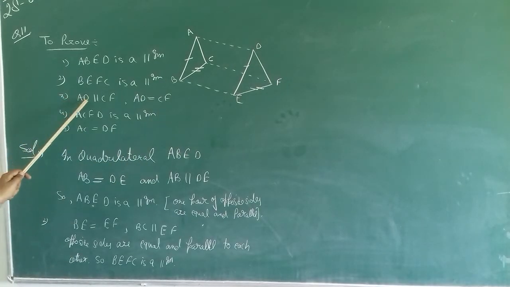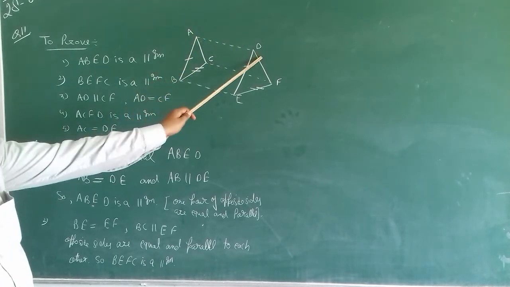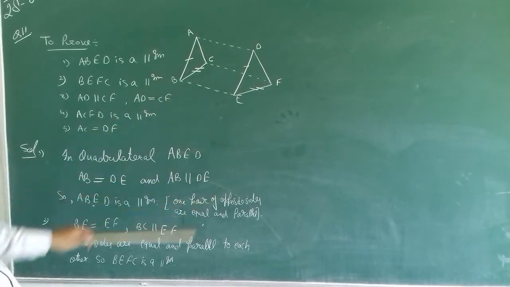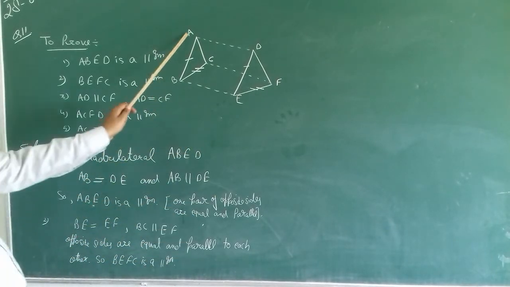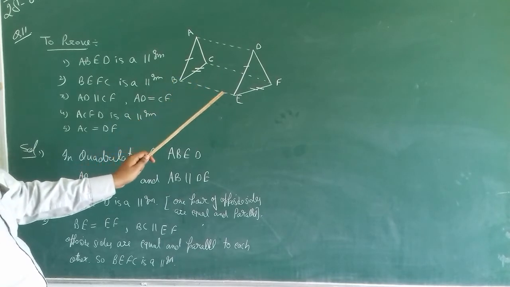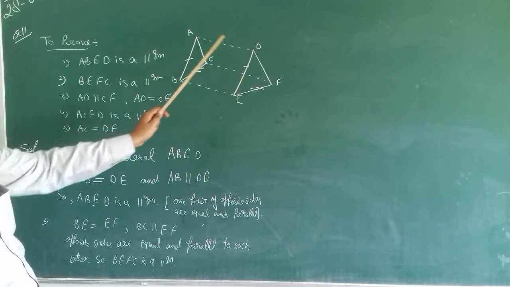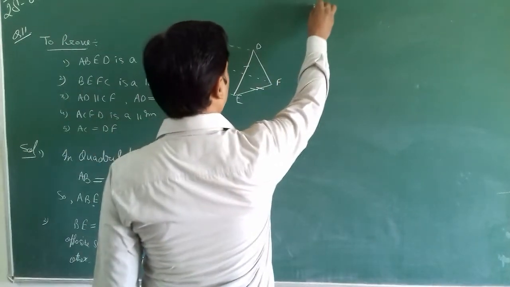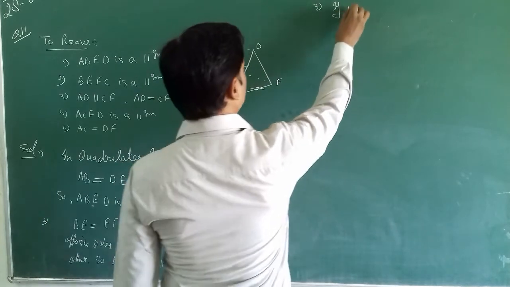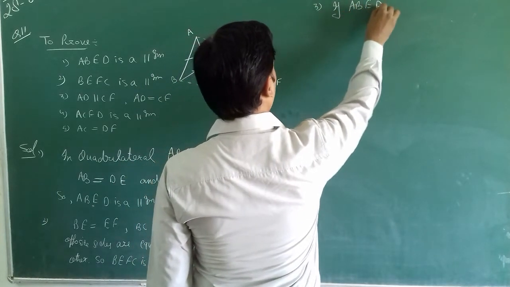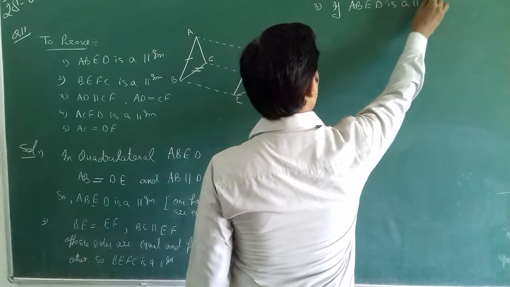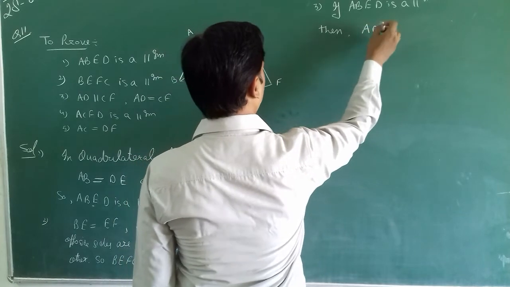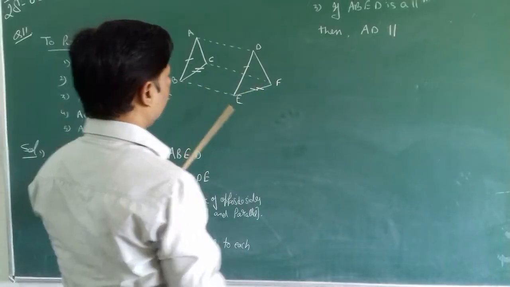Now third point is AD parallel to CF. Where is AD parallel to CF? See, if ABED is a parallelogram, then we can write AD parallel to BE. See the third point is there. If ABED is a parallelogram, then AD parallel to BE.